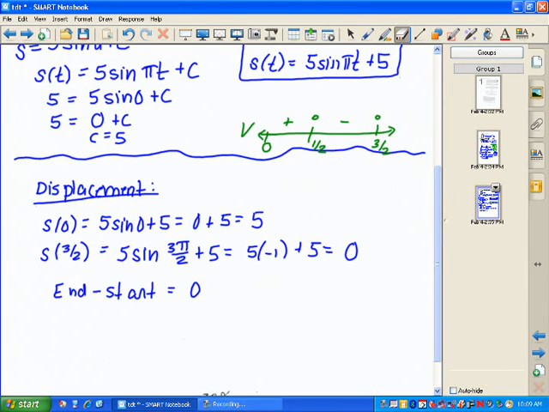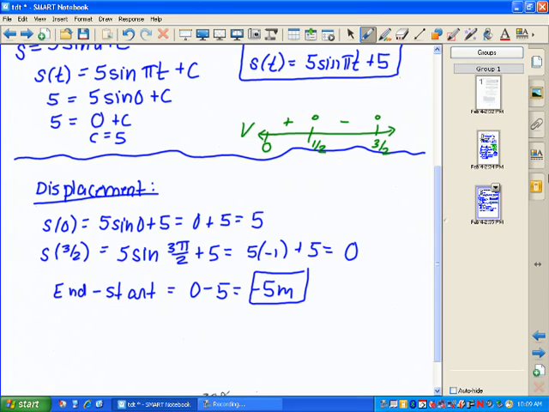Okay, 0 minus 5. And hopefully you notice this is exactly the same number as we got the other way. Okay, started at 5, ended up at 0. Okay, moved right and then left.